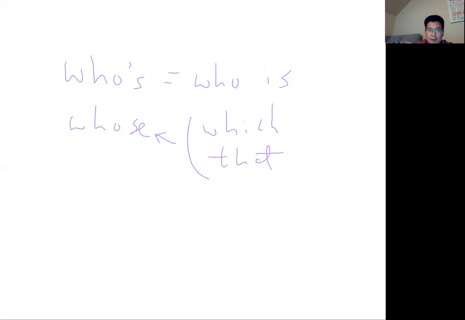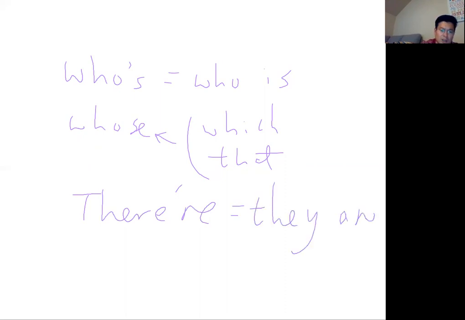And then they're, with an apostrophe at re, means "they are" or "they were." Their, with ir at the end, is possessive. And there, with re at the end, is for place.